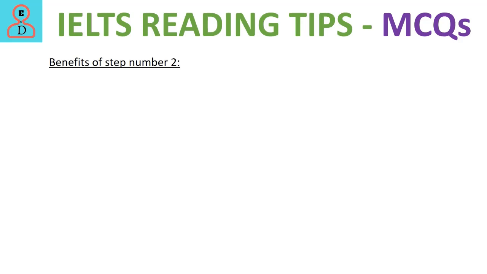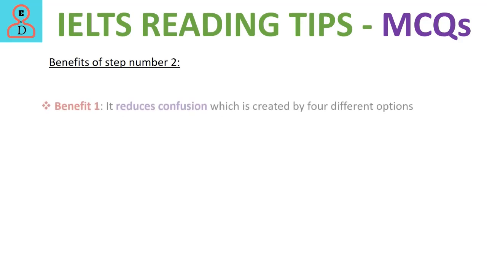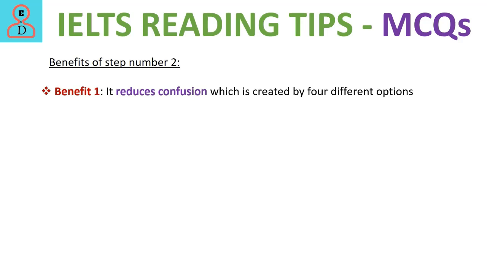Now, we said that step number 2 is very important, and we will explain why. The first benefit of this step is that it reduces the confusion that is created by 4 different options.